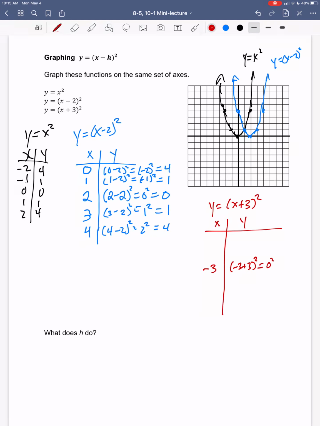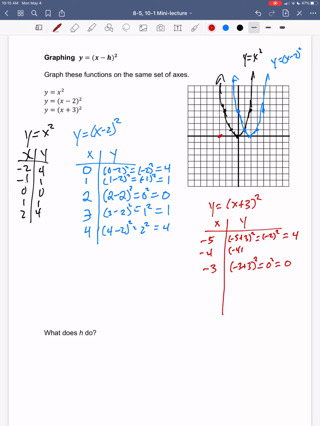That's just going to be 0 squared, which is 0. So what's less than negative 3? So negative 3, 0 would be over here, right? So what's less than that? I would have to go 1 over, get negative 4, and then negative 5. So negative 5 plus 3 squared. Negative 5 plus 3 is negative 2, and negative 2 squared is 4.